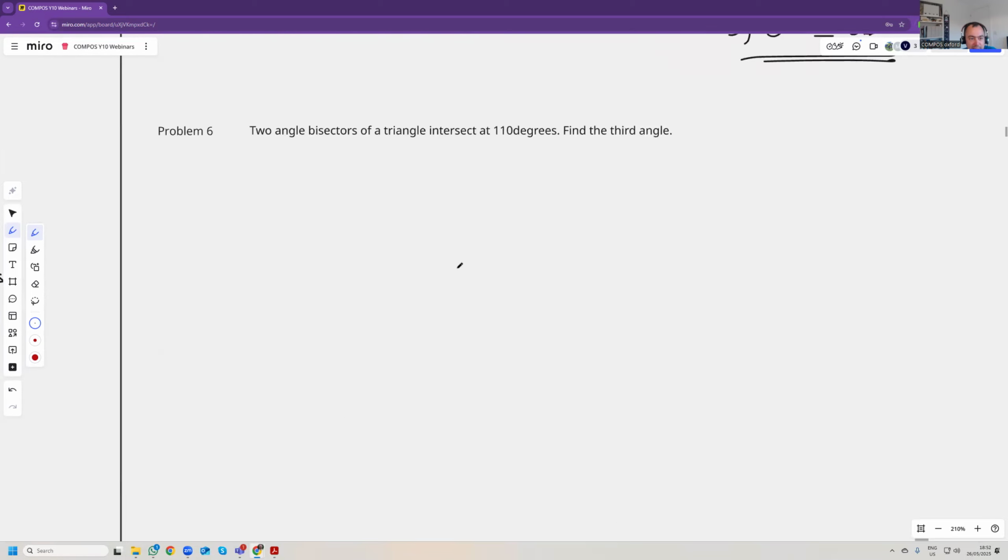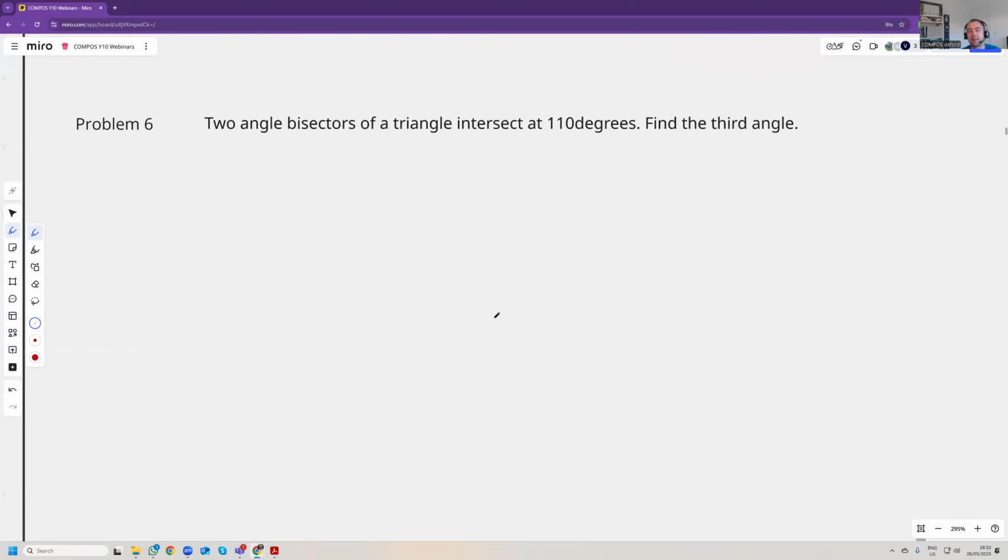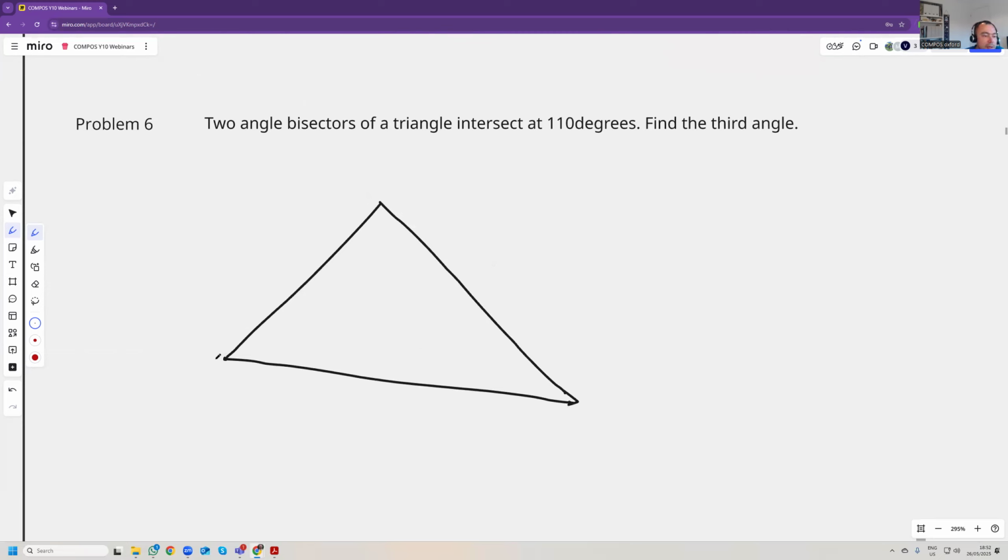Two angle bisectors in a triangle intersect at 110 degrees. Find the third angle. Right, so we have a triangle. Let's call it ABC, and two angle bisectors. So we have this angle and this angle. They're equal.